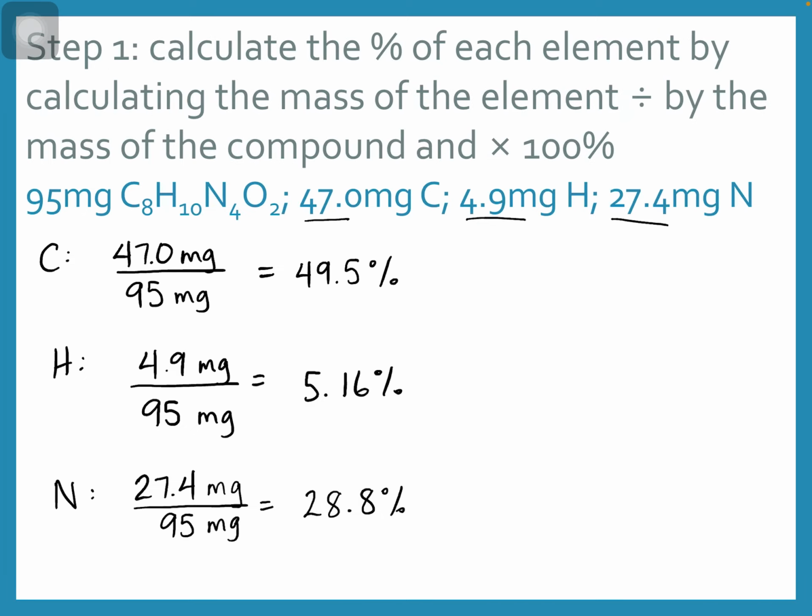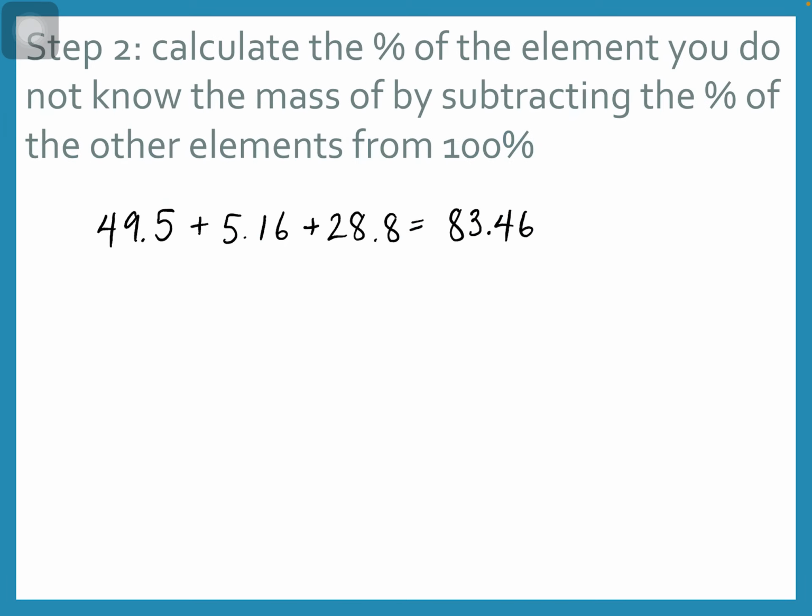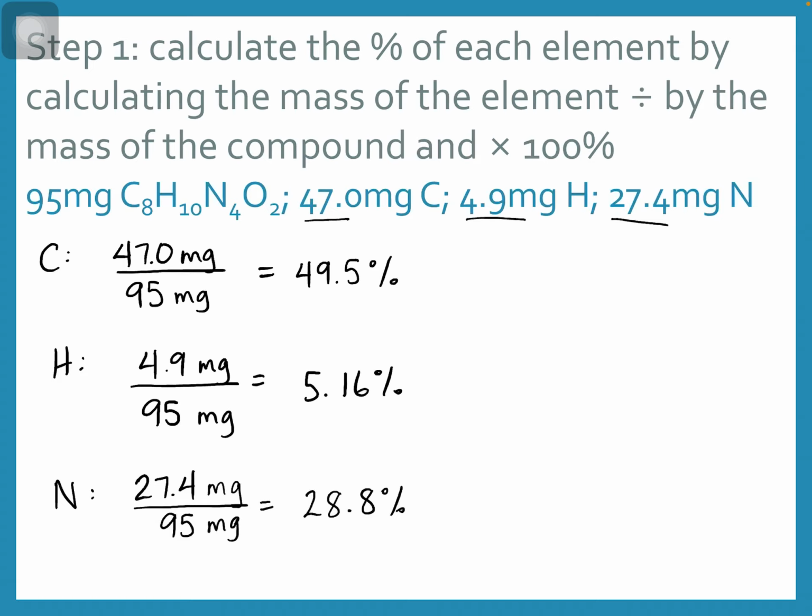And so our last element there is oxygen. Oxygen is the total amount, or 100% minus 83.46%, which is 16.54% from oxygen. The other thing we could have done was calculated the mass by subtracting the different masses, so 47, 4.9, and 27.4 from 95, and then taking the resulting amount and dividing that by 95 for oxygen. But it is quicker to do the percents.